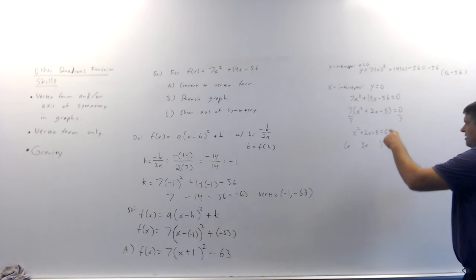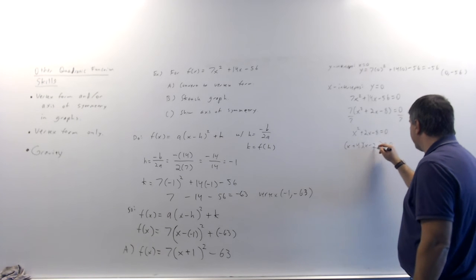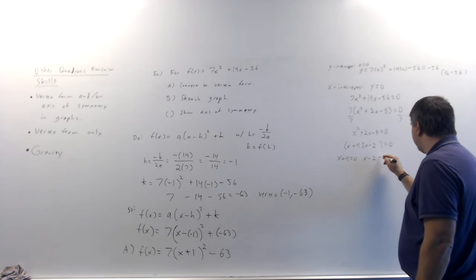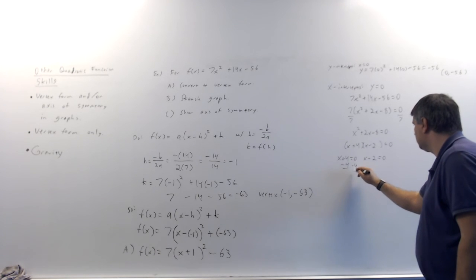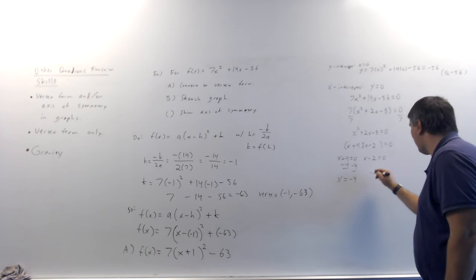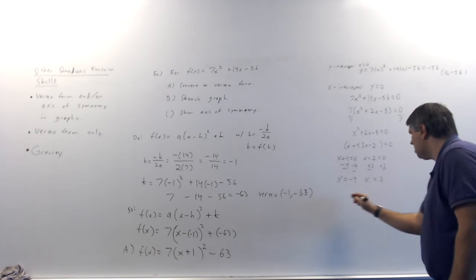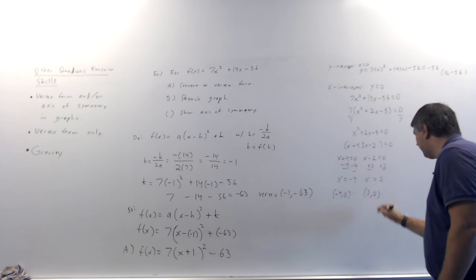So, the pair of factors of negative 8 that add to positive 2 are positive 4 and negative 2. So x plus 4 equals 0, x minus 2 equals 0. So subtract my 4, and x equals negative 4. Add my 2, x equals 2. So I have (-4, 0) and (2, 0).